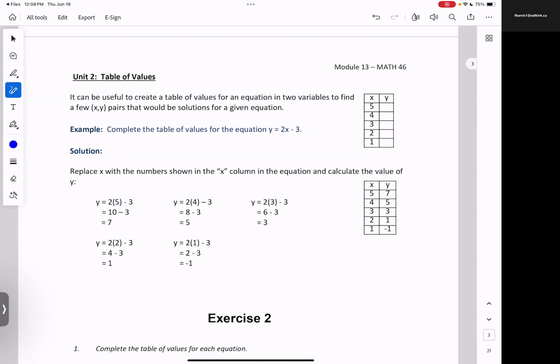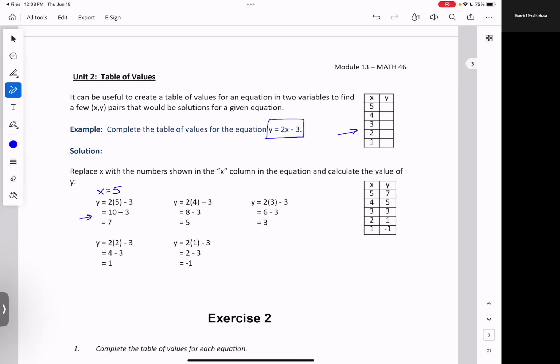So it asks us to complete a table of values for this linear equation here. And so we've been given this equation here where we've been given 5 different x values. So what we want to do is solve for each of those y values by substituting x in. And that's what's been done down here. So for example, here we have when x equals 5.